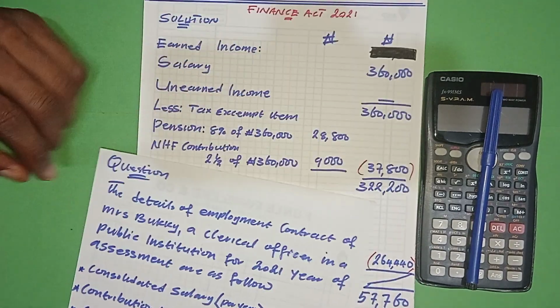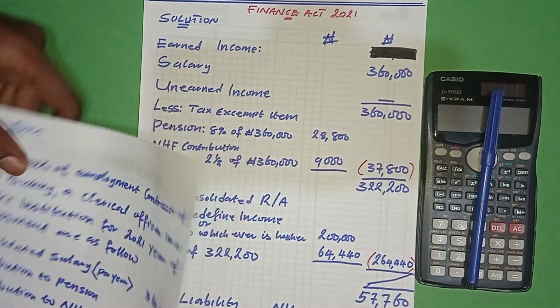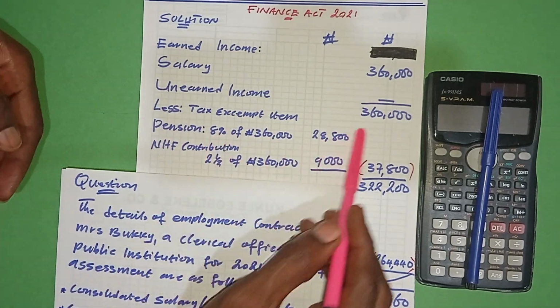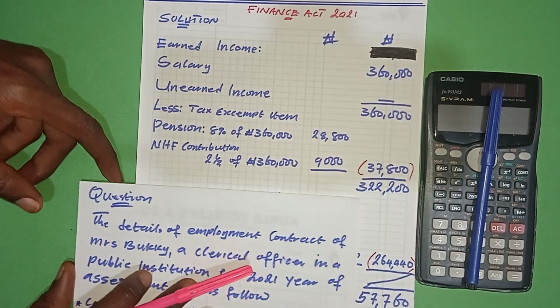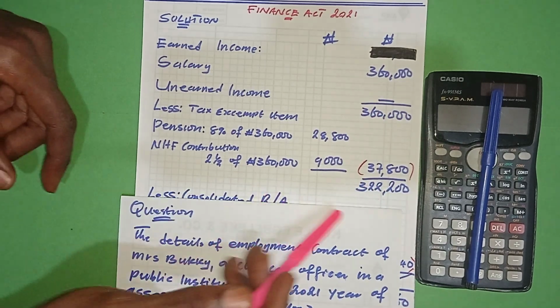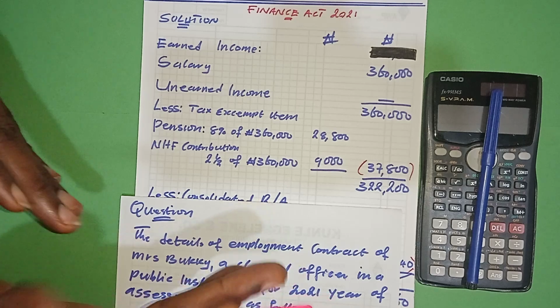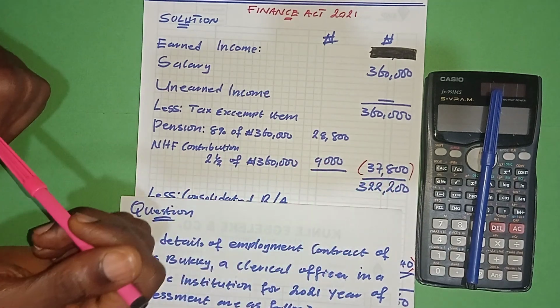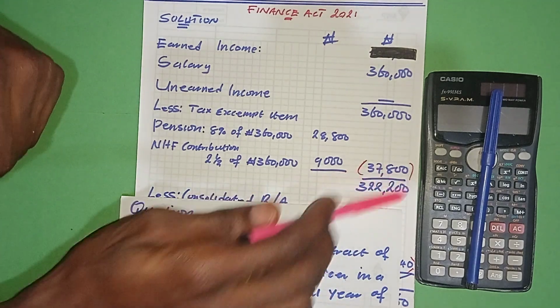Now, what we are trying to arrive at here, according to the Finance Act 2021, is our redefined income.